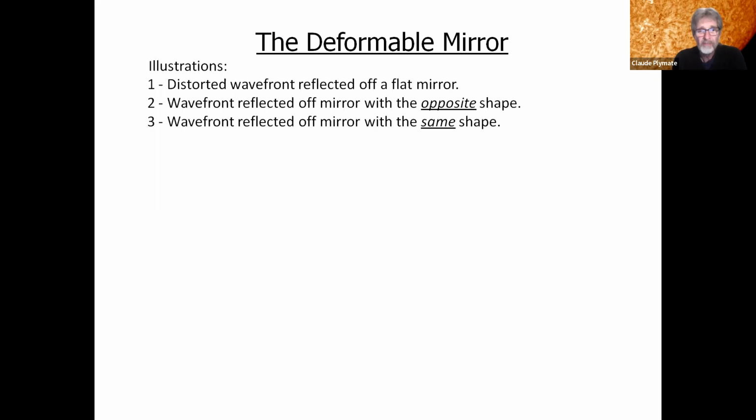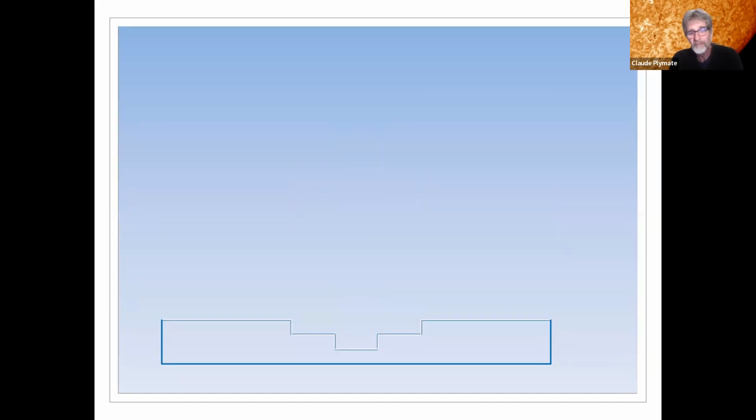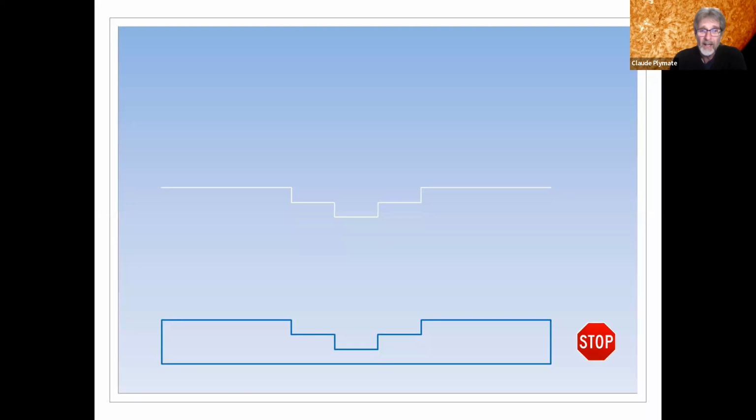Now, just for completeness, let's maybe try reflecting off a mirror with exactly the same wave shape. And here we have again, the deformable mirror takes on the same wave shape, but now the entire aberrated wavefront comes into contact with the mirror simultaneously, lifts off, and what we end up with is, again, exactly the same aberrated wavefront.